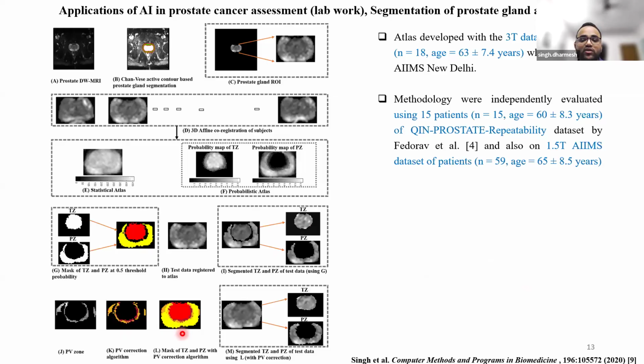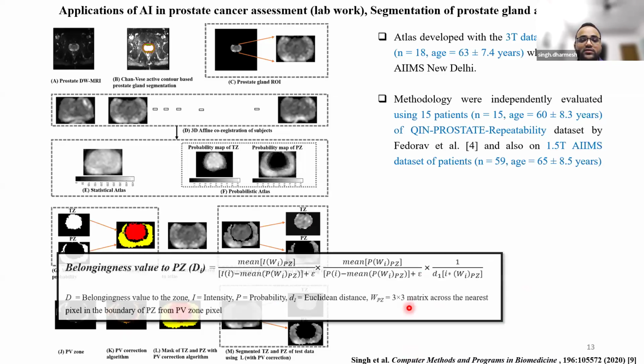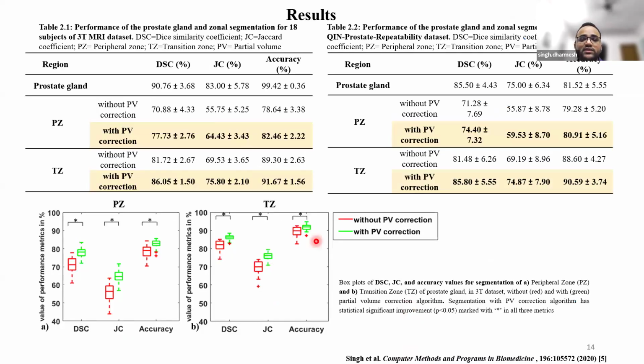It is foundational because any error in gland and zonal segmentation propagates downstream into lesion detection and feature extraction. This is the methodology which we adopted during our work and published in one of the journals.